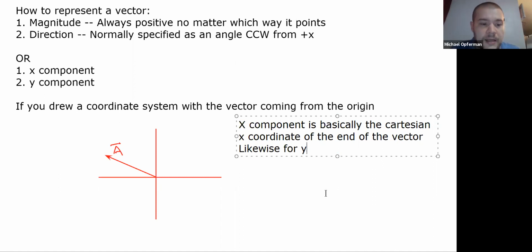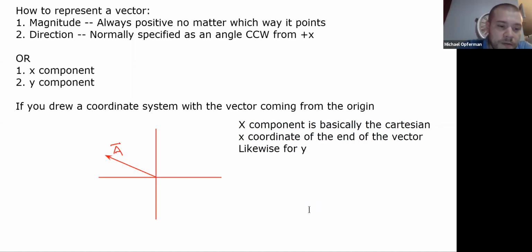What I mean by that is, imagine the end of the vector here as being a point in space.